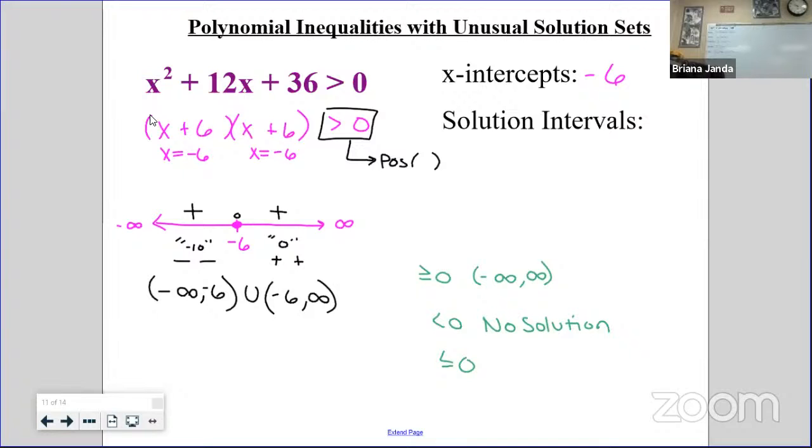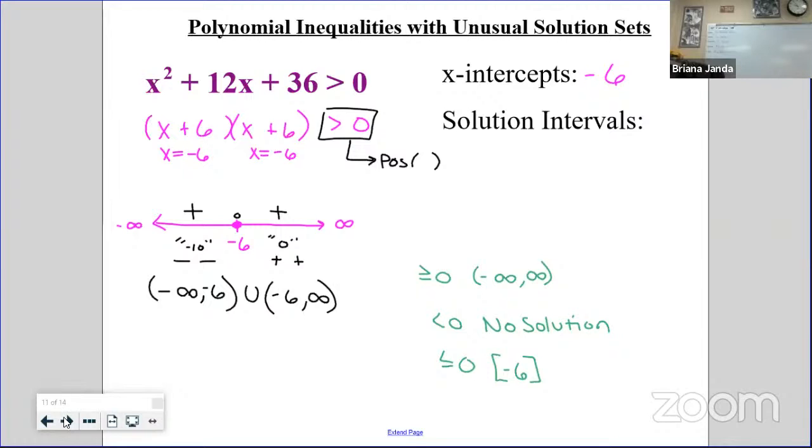It is not, but does anyone know what the answer is? Negative 6. There's one spot that it is equal to 0, and that is at negative 6. When it is a singular number, you can put it in brackets or curly brackets, both mean the same thing. So there is actually one little answer to that. Okay? Any questions on that?